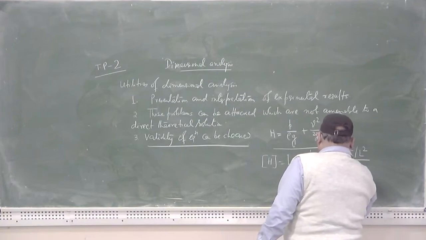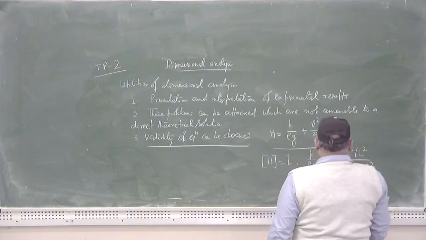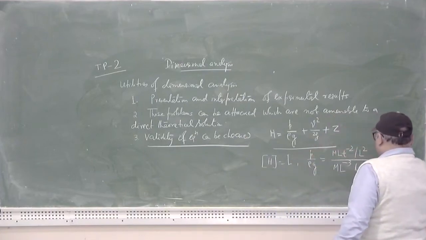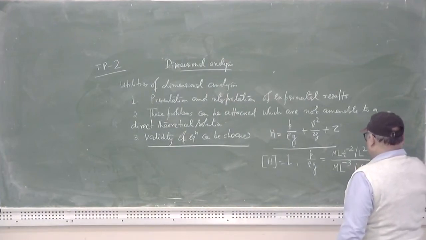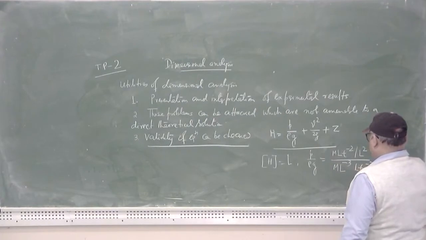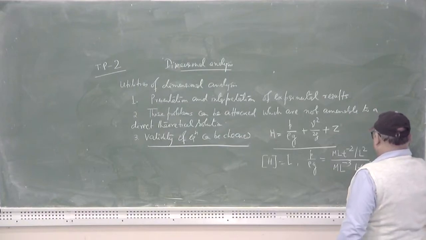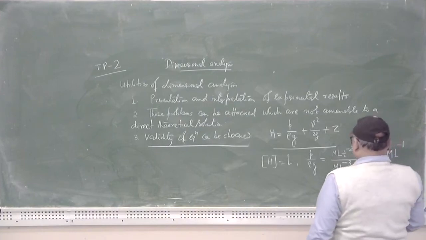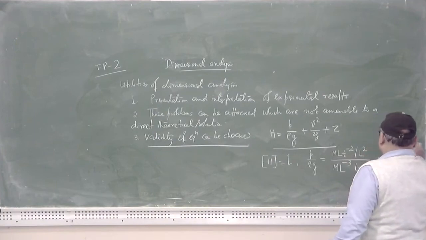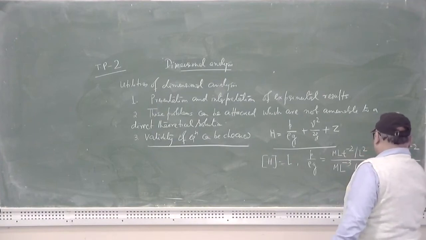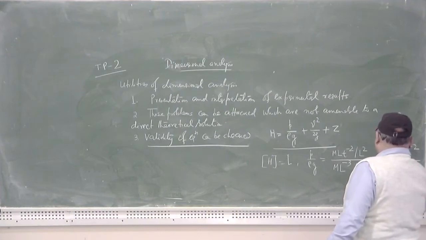Dimension of rho is M L to the power minus 3, g is L T to the power minus 2. So this comes as M L to the power minus 1 T to the power minus 2 divided by M L to the power minus 2 T to the power minus 2.